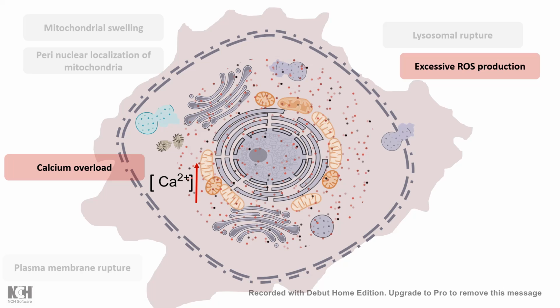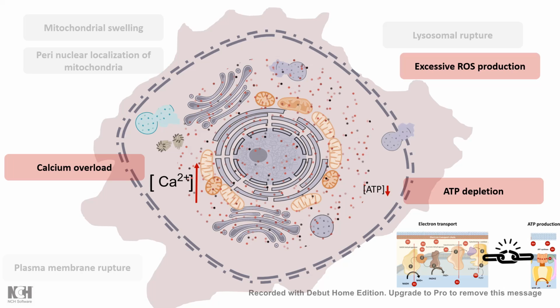ROS itself can do lipid peroxidation and thereby change the membrane integrity. Other than that, ATP concentration is going down as the mitochondria is not that functional and the cell has less energy to meet its metabolic processes. Together, everything is messed up in case of necrosis.